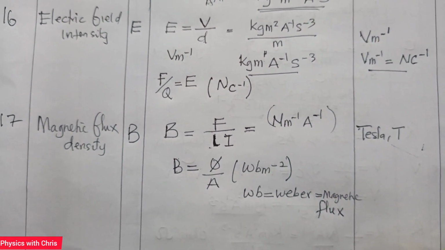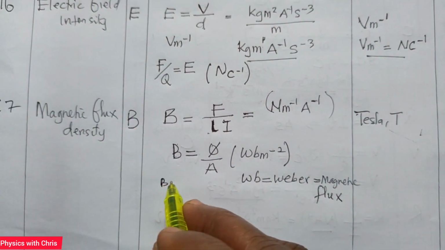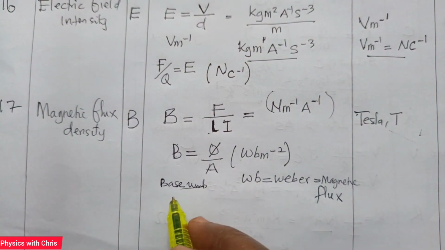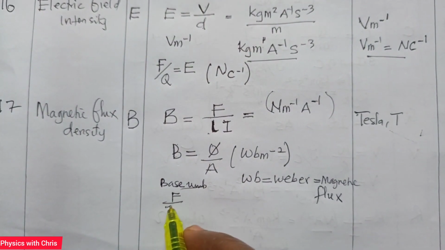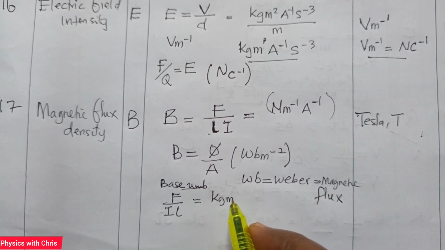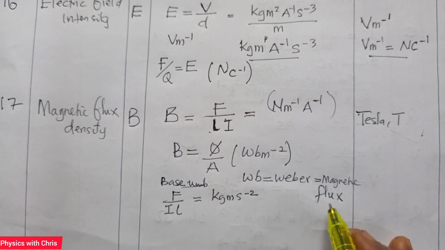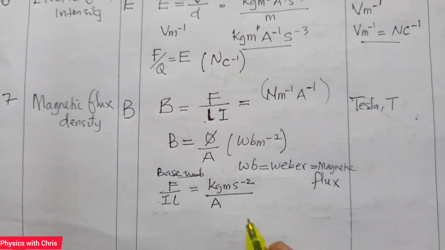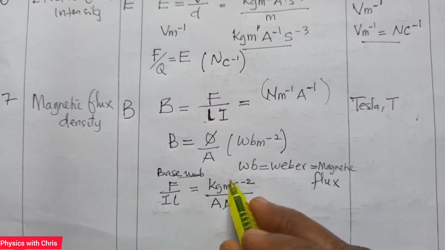But in terms of base units, what are the base units of magnetic flux density? Okay, that is F over current times length. Kilogram meter per second squared is the base unit of force, divided by meter for length and ampere for current. So this meter cancels this meter.